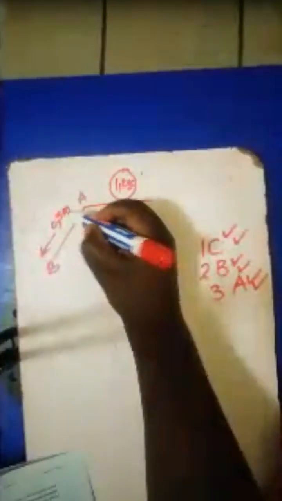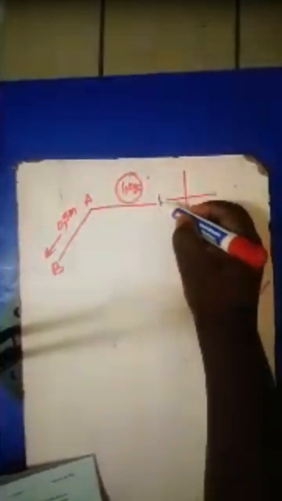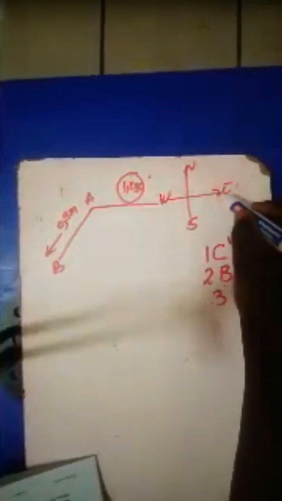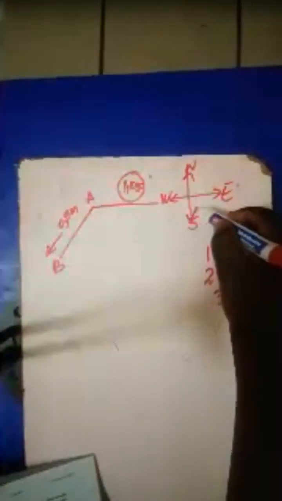Now the map is showing west, north, south, east. So they are saying this rock is 1.6 kg.